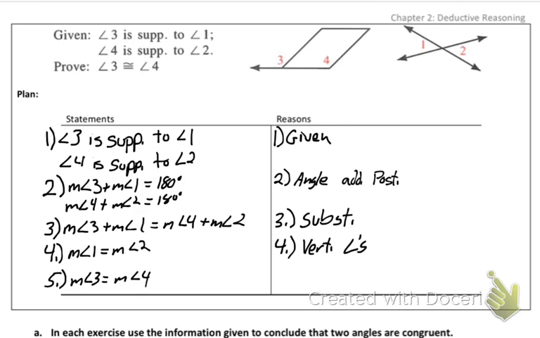Close. I went from here to here. I got rid of my 1. I got rid of my 2. What property lets me get rid of 2 things? Subtraction property. I just needed subtraction, the subtraction property of equality.